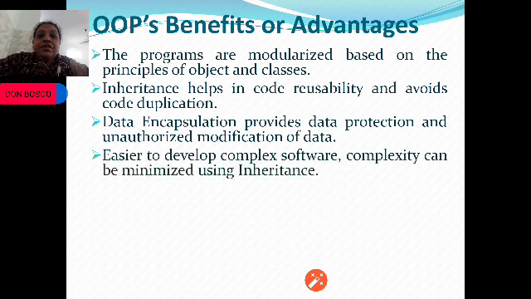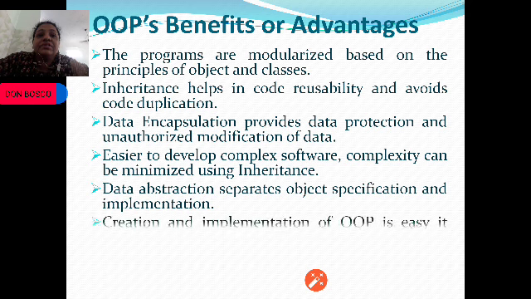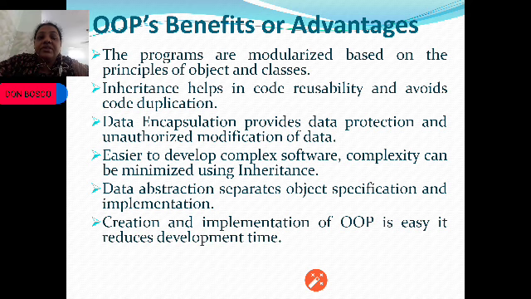In object-oriented programming, it is easier to develop complex programs. As we use inheritance, the existing objects can be used. In data abstraction we represent only the essential features, so we are not worried about the background details or the specification.